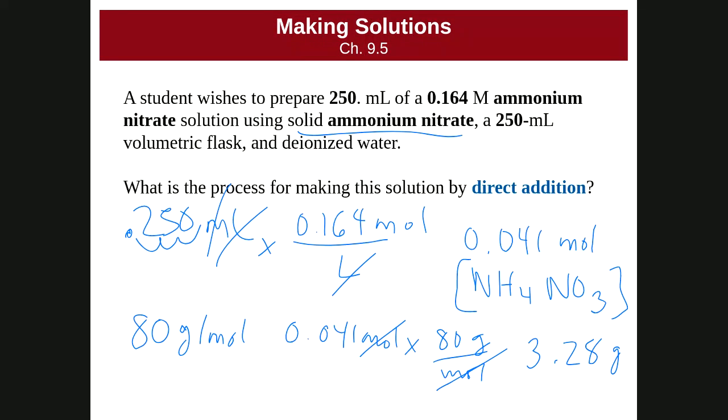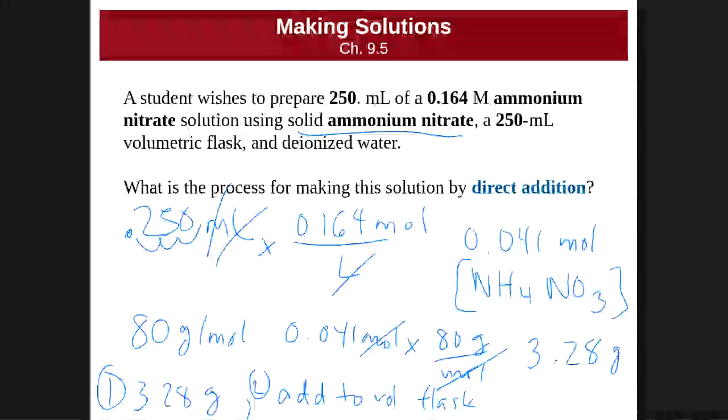So our process is going to be measure out 3.28 grams on a balance, add that mass to a volumetric flask, and then add water slowly until we get to 250 mL of solution.